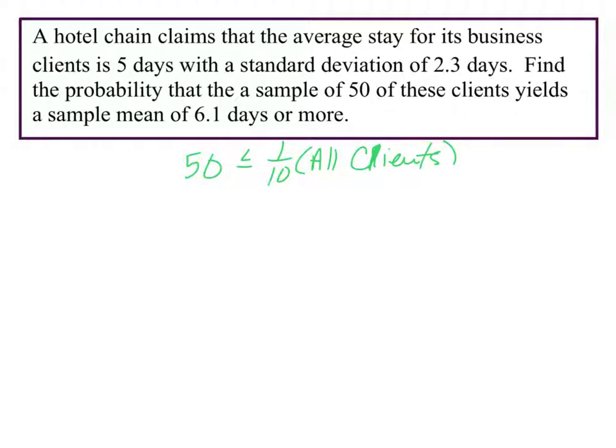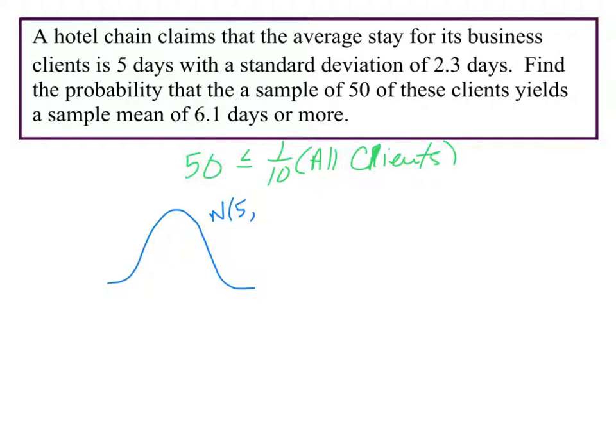So we have a normal curve, centered at 5. You'll remember the difference between the old problems and the new problems. The old normal curve problem would have said, what's the probability a client stays more than 6.1? And that would not be that unreasonable to expect.